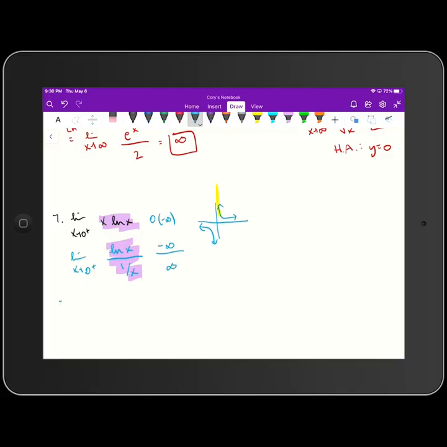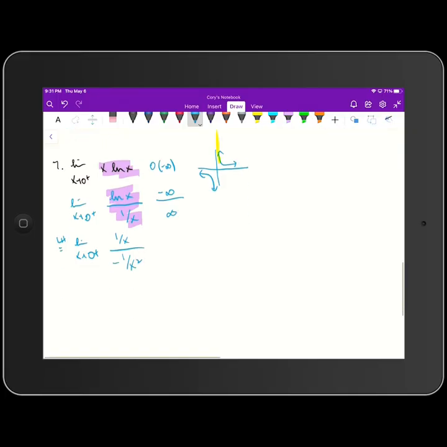Okay, so when we use L'Hopital's rule here to evaluate the limit, we're going to get the limit as x approaches 0 from the right of the derivative of the numerator. So the derivative of the natural log of x is 1 over x, divided by the derivative of the denominator. The denominator, 1 over x, is the same thing as x to the negative 1 power, which using the power rule, the derivative of that is negative 1 x to the negative 2 power, or negative 1 over x squared.